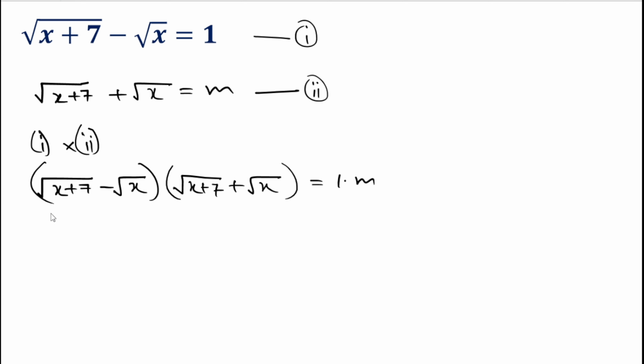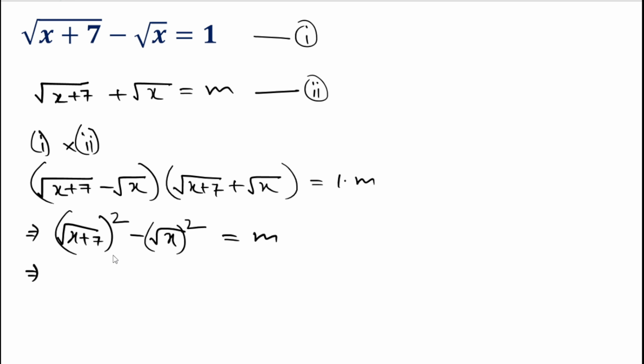Now here we can see the left hand side of the equation is of the form a minus b times a plus b, right? So we can say that will be square root of x plus 7 whole to the power 2 minus square root of x whole to the power 2 equals m, right?